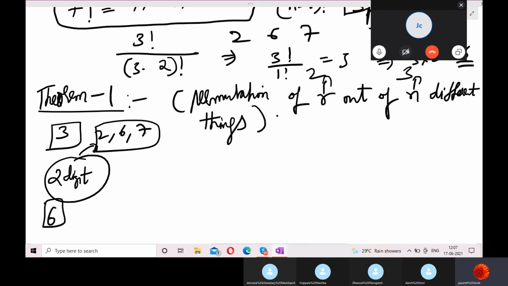How will you do it? See, the formula is nPr. This is the way with which you can do this kind of arrangement, that is r digits out of n given numbers. So 2 digits out of 3 given numbers. Okay, so that also you can understand with this theorem. Let me give you the concept.